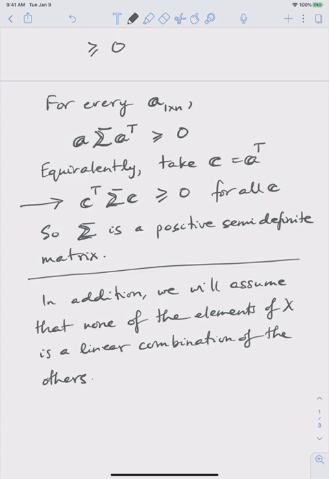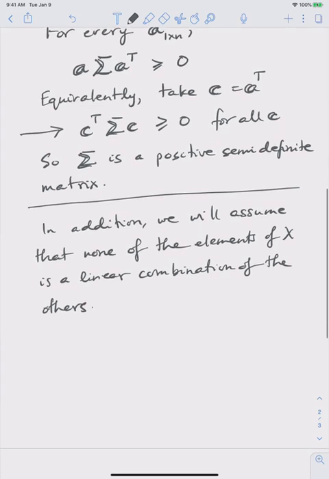That is, we won't have situations where our vector x consists of x1, x2, and also x1 plus x2. If we have x1 and x2, then we don't need the additional variable x1 plus x2. We have all the information that we need in x1 and x2.